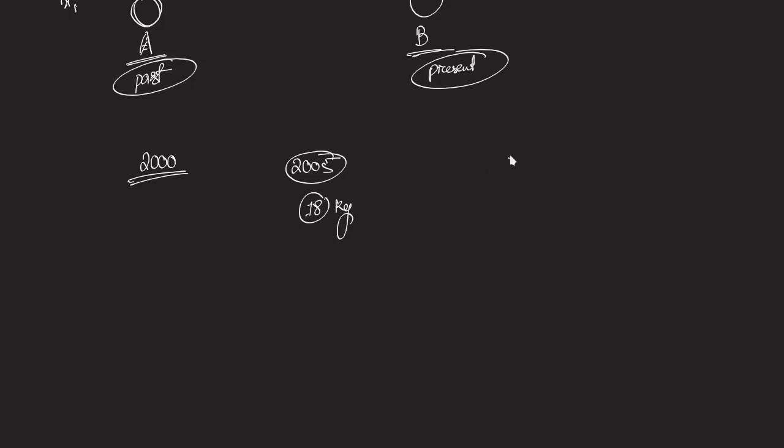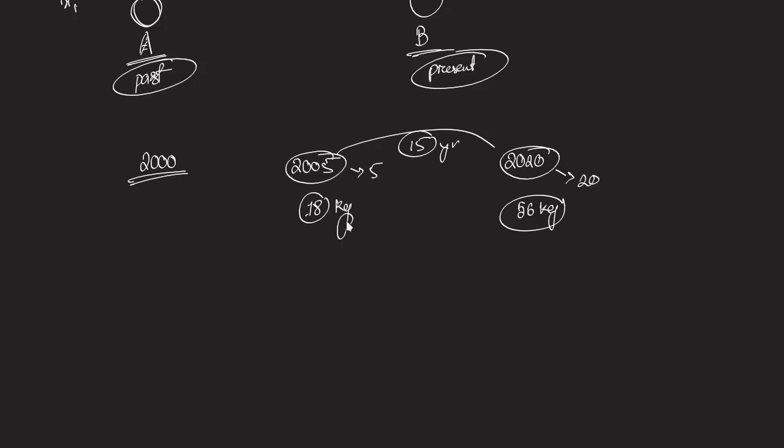And in the year 2020, that particular person's age is now 20, right? At that point the age was 5, and at age 20, let's say the person's weight changed to 56 kg, right? So this duration is 15 years. So in 15 years, the weight went from 18 to 56. So how much percent increase has happened, right?